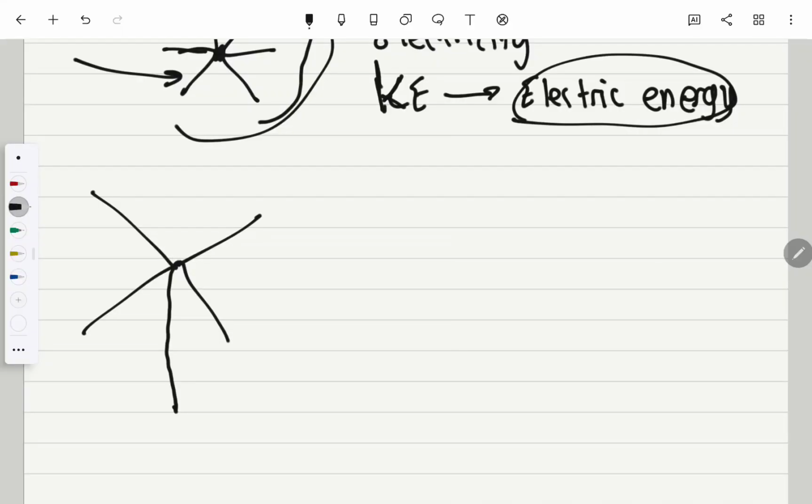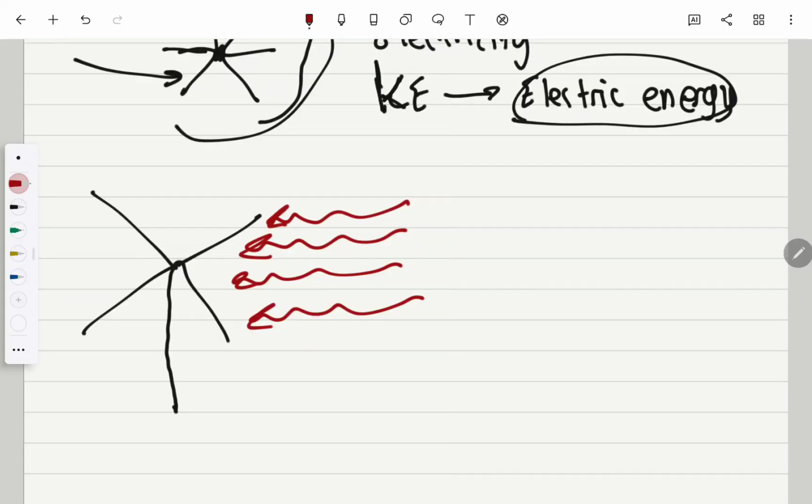Okay, but the way they operate is basically wind hits them. Okay, and there is always more wind coming if you put them in the right country. That's why they put them a lot in countries such as the Netherlands. They have strong winds in there, and they put them always near the sea or at a high place. So the moment the air or the wind starts hitting them, okay, the blades are automatically forced to start spinning around.